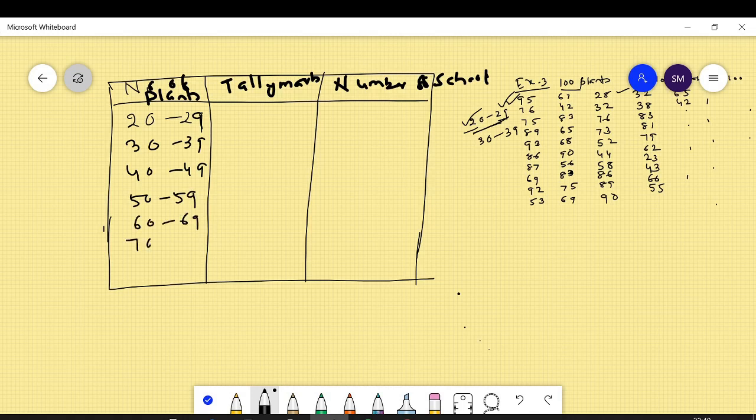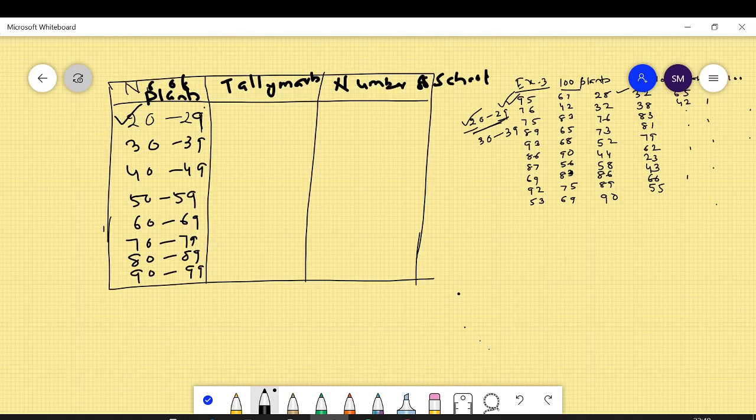Then 70 to 79. This is called the lower limit, and this is called the highest limit of this class size. The width of the class is 10. Then 80 to 89. Then next 90 to 99.